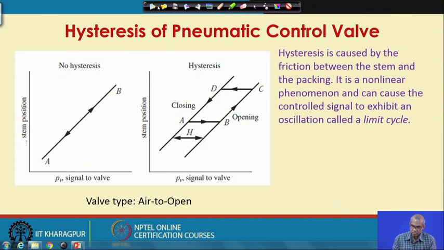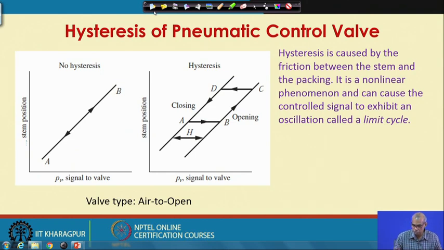So, basically when I increase the signal pressure and decrease the signal pressure, it does not go like this, but what it does is it goes in a loop like this, and in this loop for this part and this part the stem position does not change.